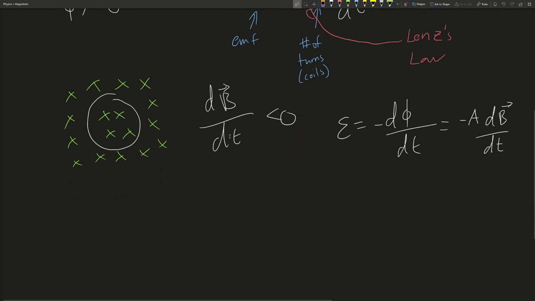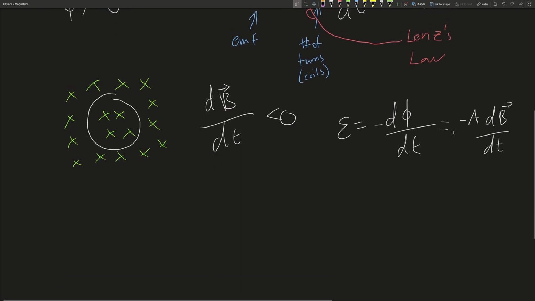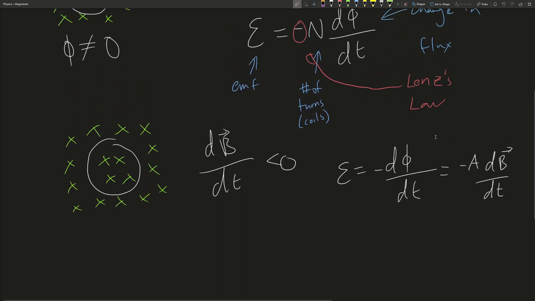We know that the magnetic field is decreasing, and so there's an induced EMF. Now this EMF is going to work against the decrease in the magnetic field, meaning that in order to keep the system similar to the way it originally was, if the magnetic field is decreasing, this EMF has to induce a magnetic field in the direction of the original magnetic field.